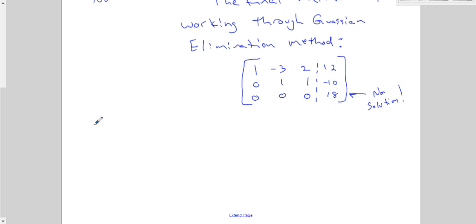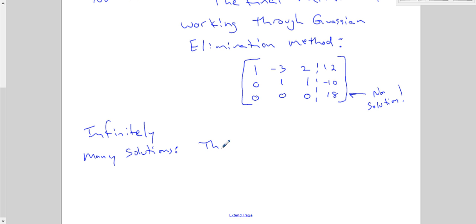For infinitely many solutions, you're going to work through all the same work.